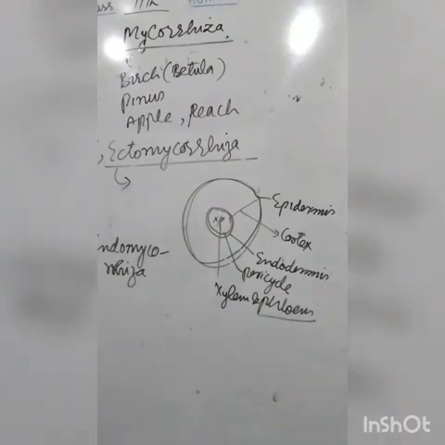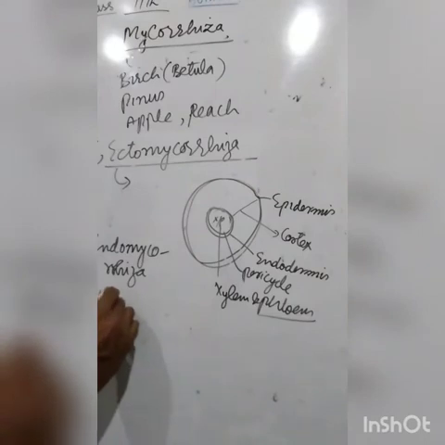Now in this type, the fungal hyphae grow inside the cortex of the root with some intracellular hyphae tips. In some forms of endomycorrhiza, the fungal hyphae develop special organs called vesicles.